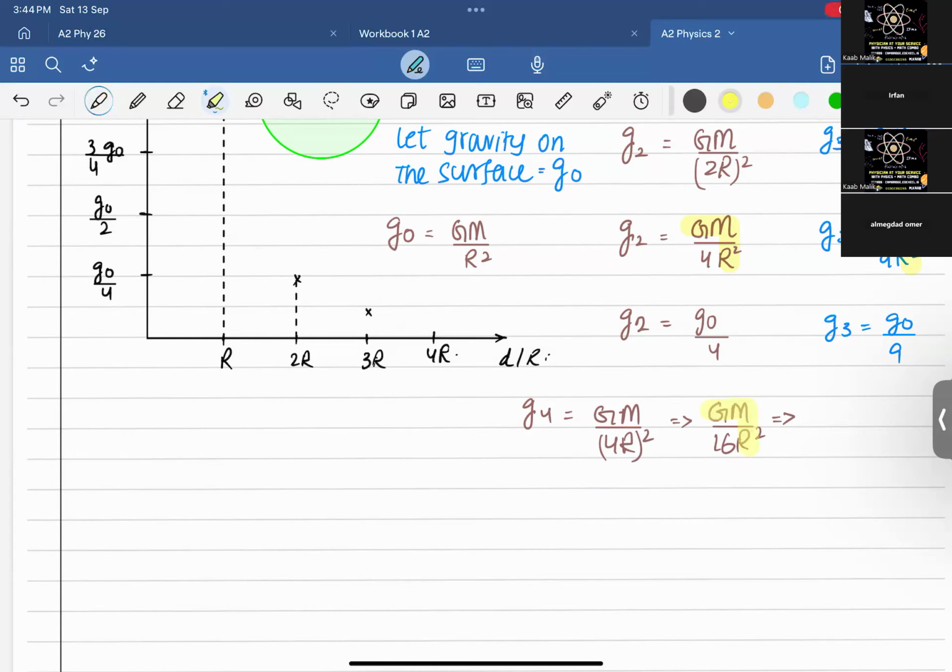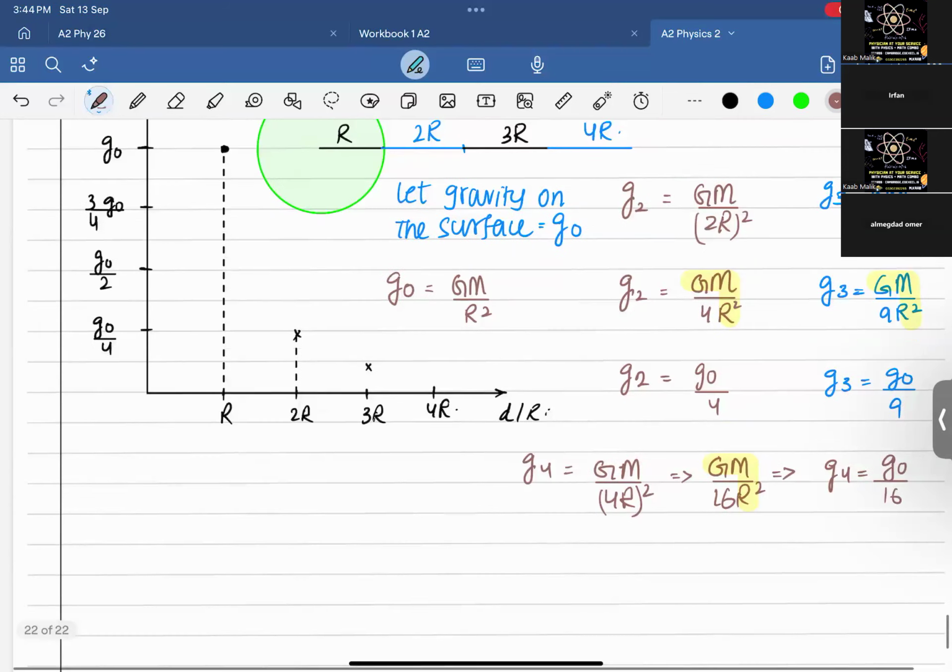You can replace this value with g naught. So G4 is equal to g naught over 16.